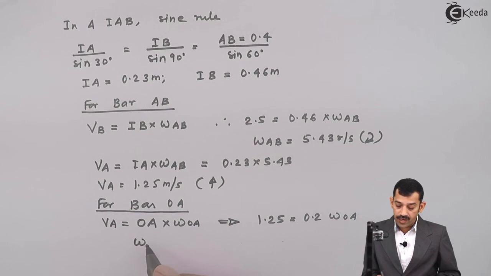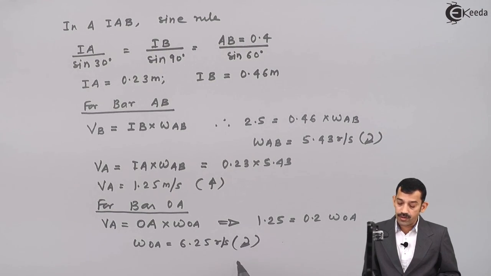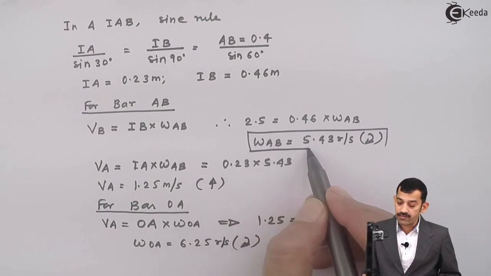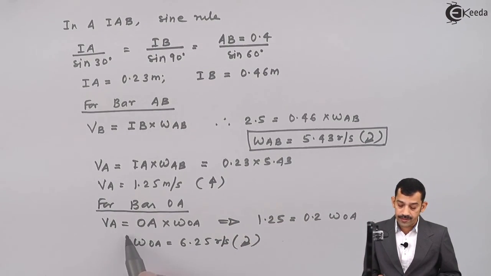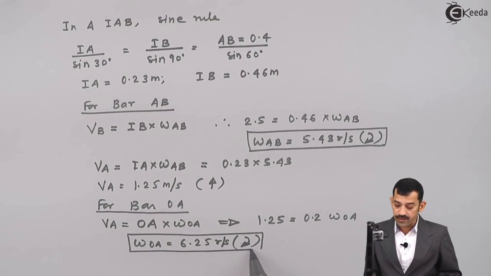Therefore omega OA comes out to be 6.25 radians per second, and its direction is again clockwise. What is asked in the problem: omega AB is 5.43 radians per second clockwise, and omega OA is 6.25 radians per second in clockwise direction. Thank you.